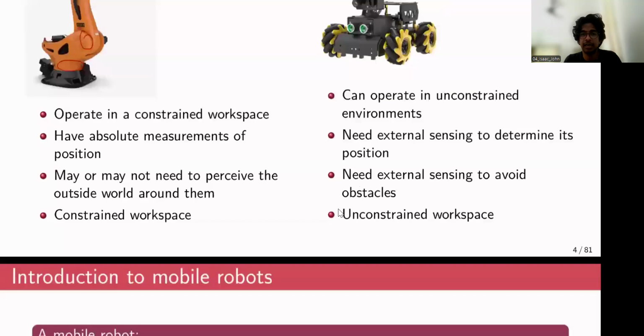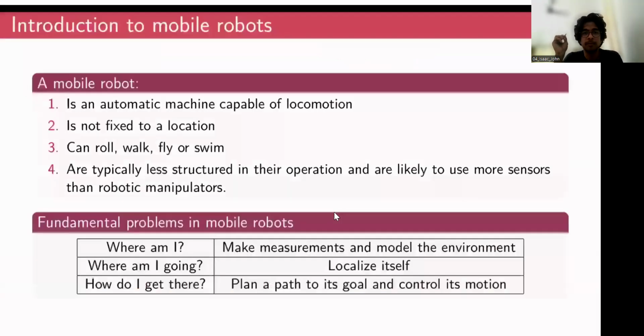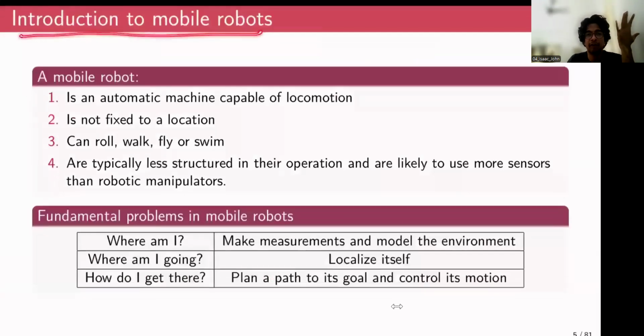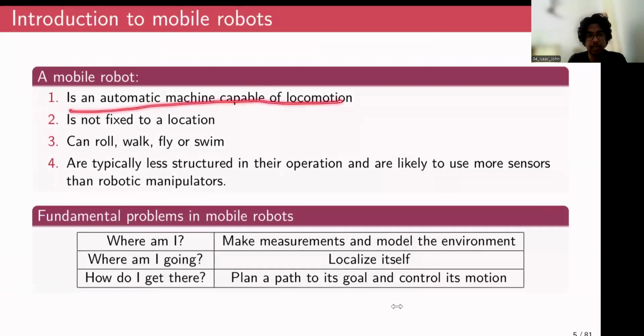On the next slide, we move on to the basic introduction to mobile robots. We are still in mobile robots; we haven't narrowed it down to real mobile robots. Let's see what defines a mobile robot. There are a few points. A mobile robot is an automatic machine capable of locomotion.